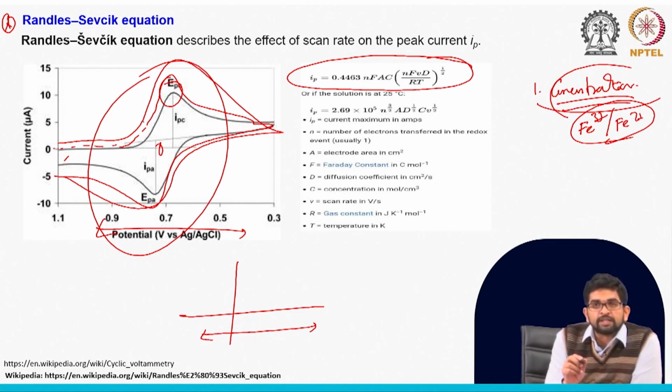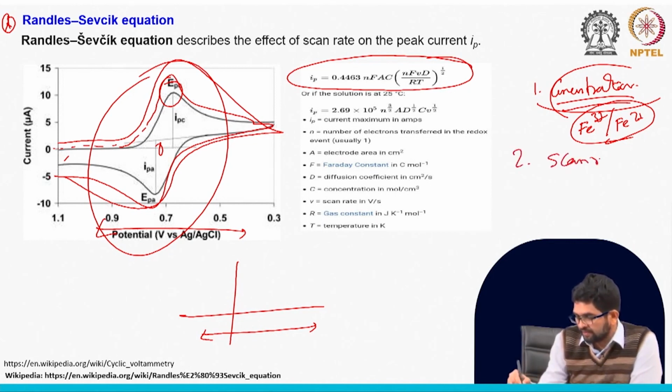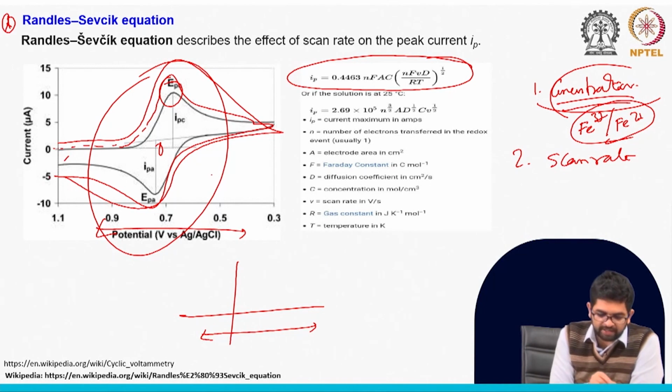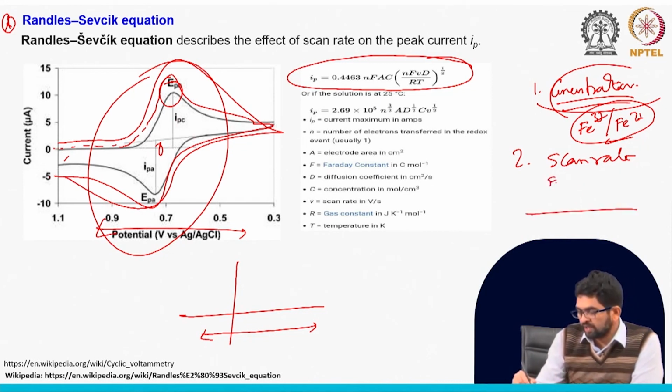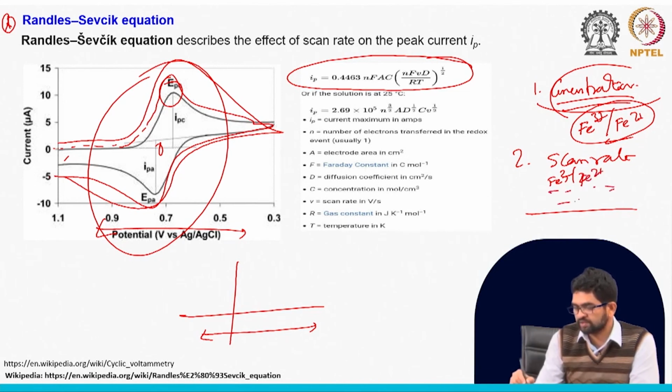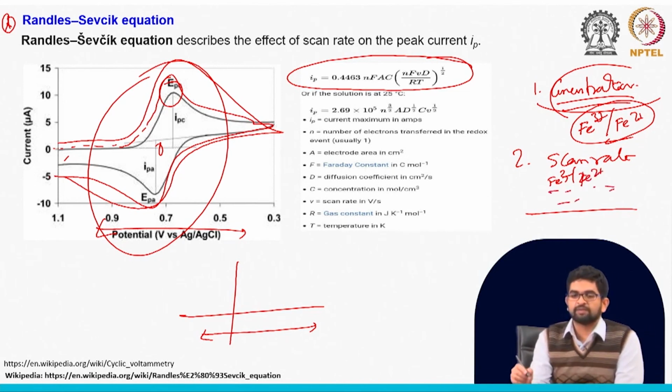Not only the concentration, there is another factor that can affect, that is the scan rate. I mean, how fast you are scanning within this potential window and getting this cyclic voltammogram. Suppose you have the Fe3+/Fe2+ in the solution.